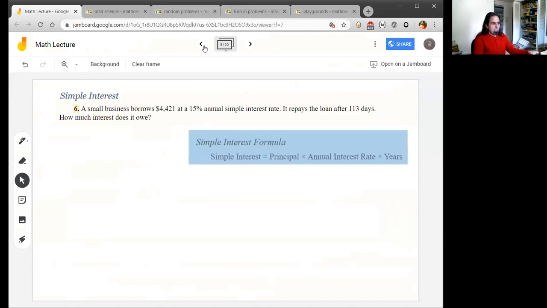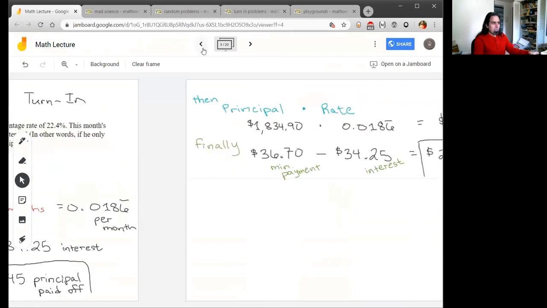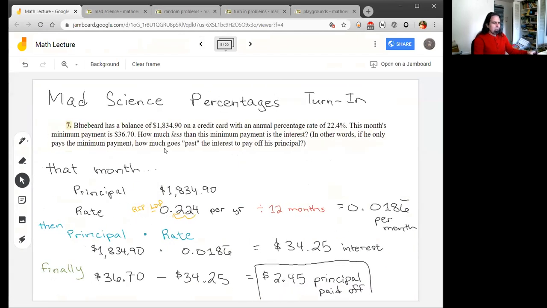Simple interest is almost what we did with the credit card. With the credit card, we had a principal and a rate. We were saying basically what is 1.8666% of $1,834.90. Of means multiply, so we multiplied. We didn't have to worry about a time because this is just 1 month.